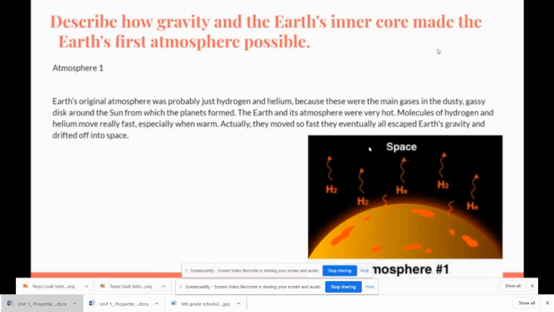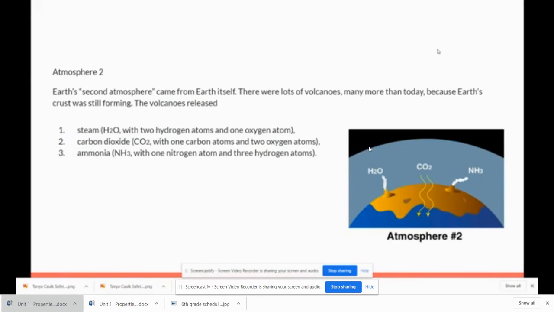The Earth and its atmosphere was still very, very hot in the beginning. Those molecules of hydrogen and helium, they move really fast, especially when they're warm. And actually, they moved so fast that eventually all of them ended up escaping Earth's gravity and drifted off into space. The second atmosphere that Earth had came from Earth itself.